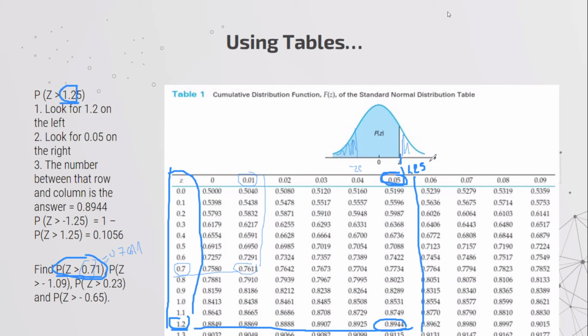So we can just take 1, which is the whole graph, minus this number that we already know is in the table. If we take 1 minus that part, we end up with this small one here. But this one is exactly the same as this one, so they're equal.